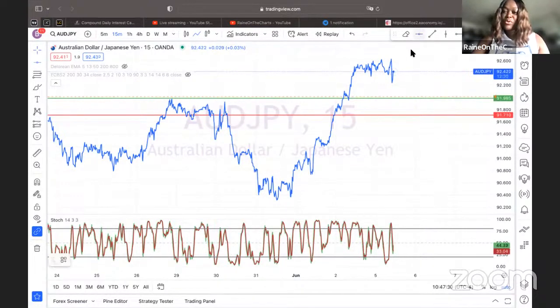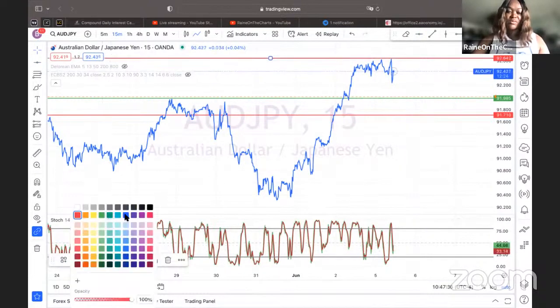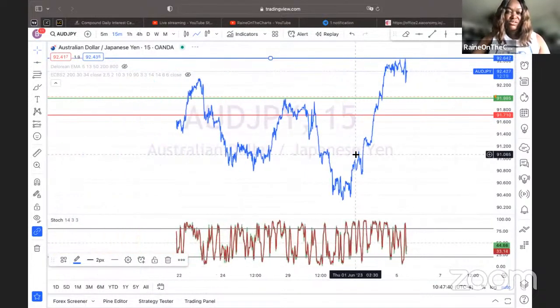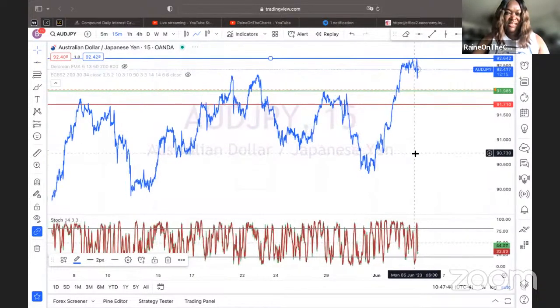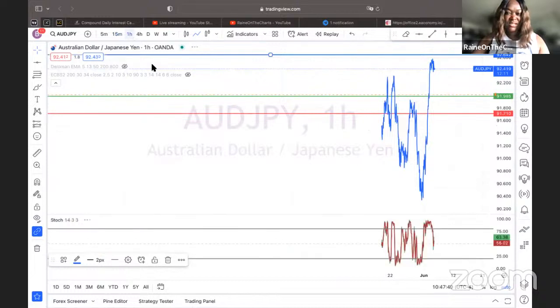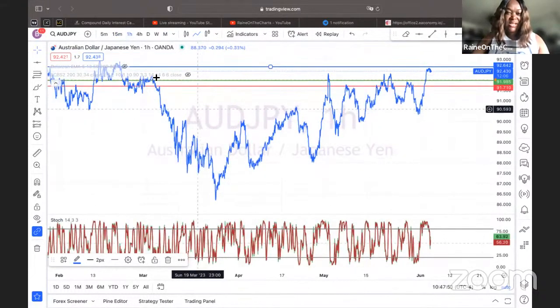I could put my take profit right here. Let's make that red. I mean blue. I could have my take profit here. Let me look to the left and see. All right, let's go on the 1 hour. Yeah, I could have my take profit.